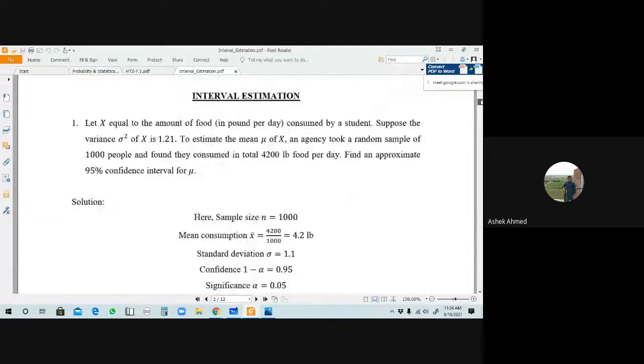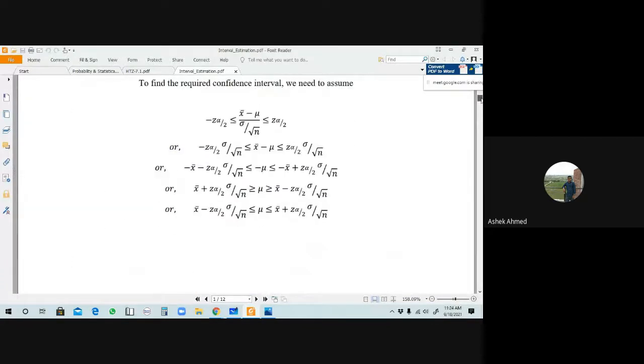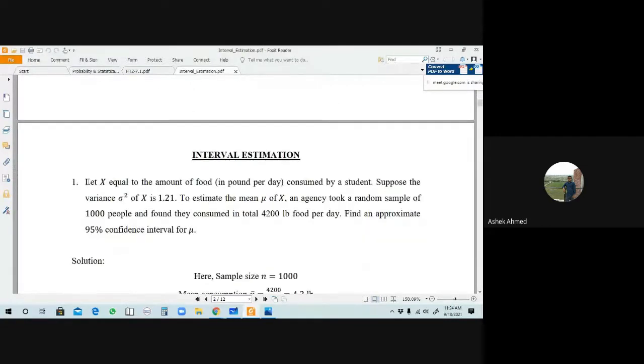Okay, from this slide you have to solve some problems here. Okay, this is the formula for determining the value of confidence interval for mean. If you see the first example here, x equals the amount of food in pounds per day consumed by a student, suppose the variance sigma square is this.